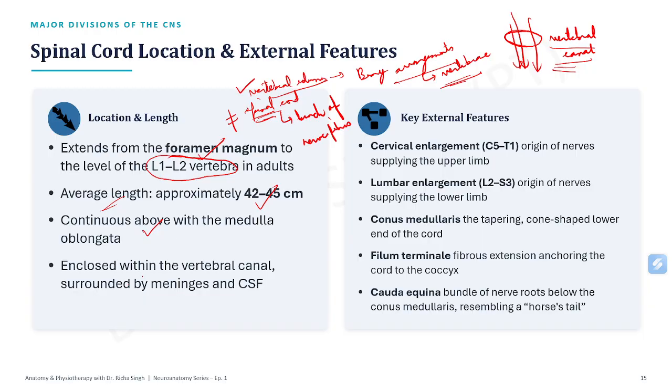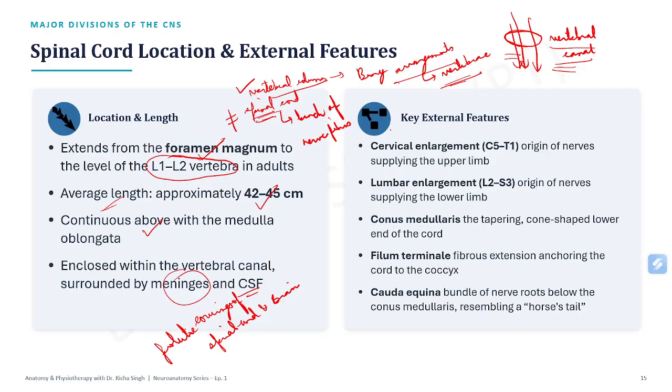This particular spinal cord is enclosed within the vertebral canal, as I told. It is surrounded by meninges, that is the protective coverings of the spine or the spinal cord and the brain. And also it has the CSF or the cerebrospinal fluid floating around it.